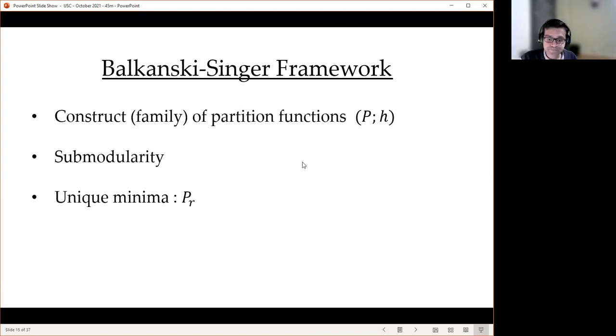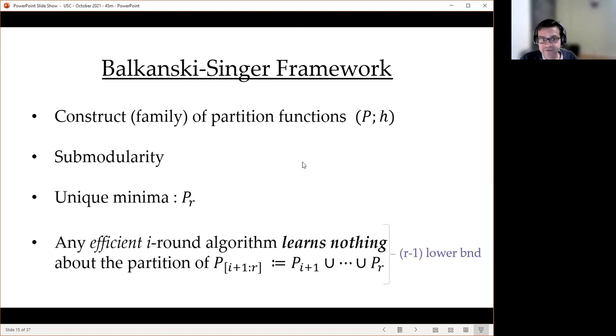And the main kicker, which leads to this lower bound, is the following: this H has to be designed in such a way that if you make only a few rounds, so any I round algorithm, well, when you make queries, so imagine this P is hidden by some adversary. When you make queries, you get to learn something about the function, and therefore you get to learn something about this partition.